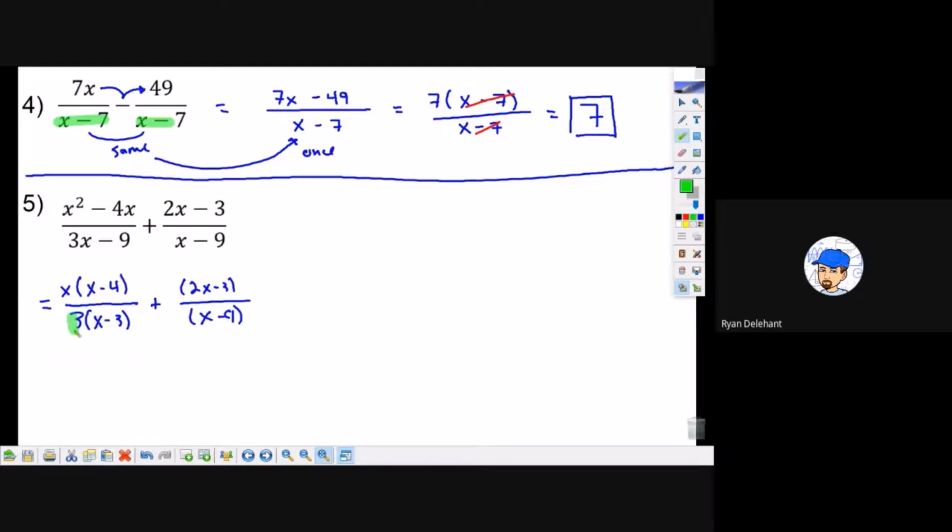We're going to take all of this and multiply the top and the bottom over here by the second denominator, and it's going to get a little bit messy as we work through it.